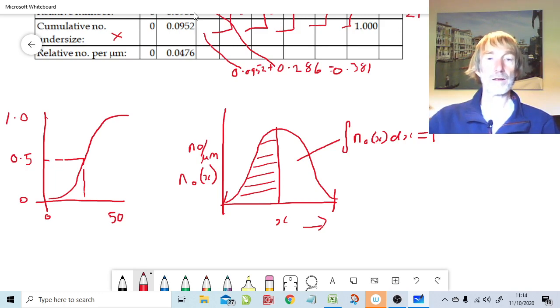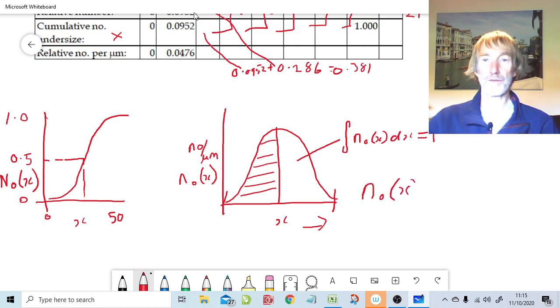We called this little n naught x, lowercase n naught x, so let's call this one uppercase N naught x. So our cumulative curve is uppercase N naught x against x. The differential curve, or relative number per micron range curve, is little n naught x, and we can get between these quite nicely by integrating or differentiating.